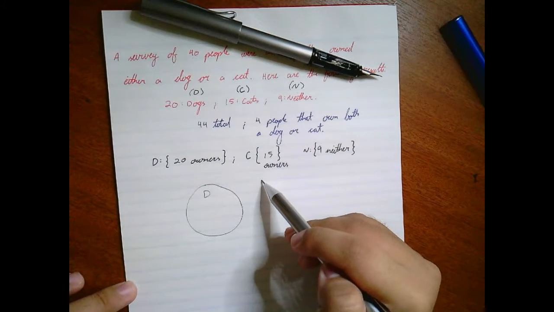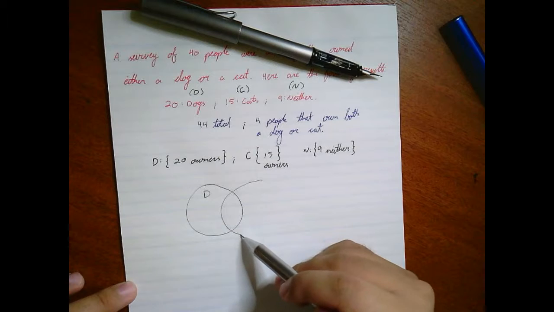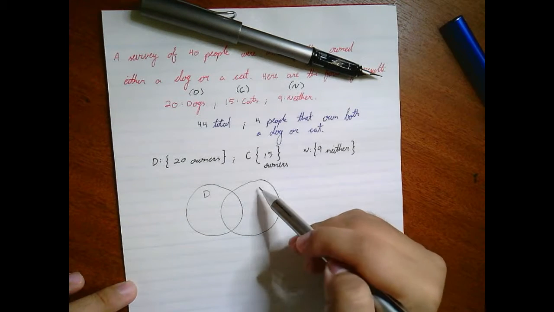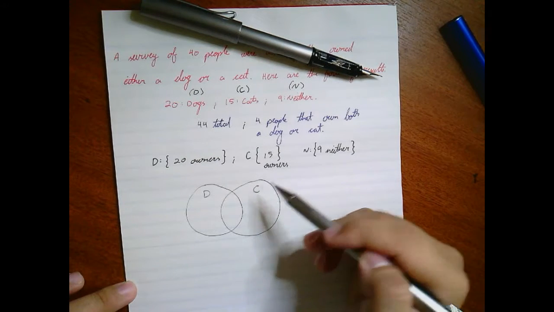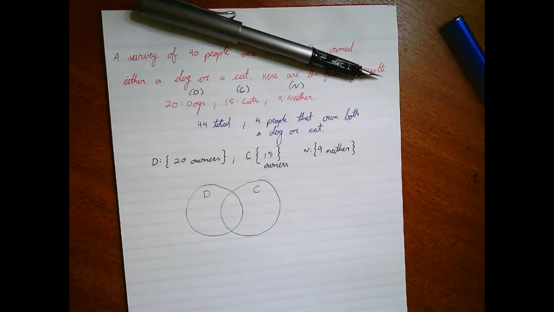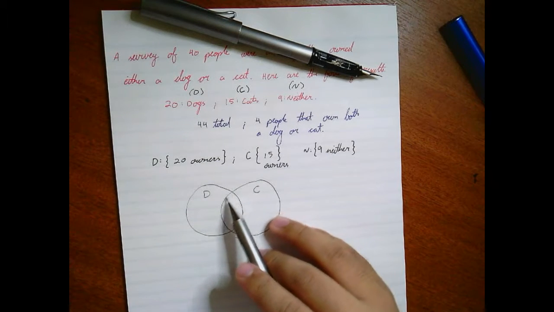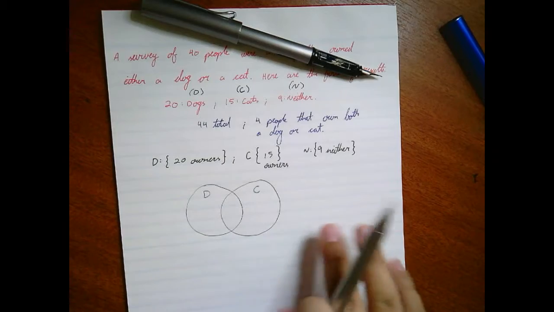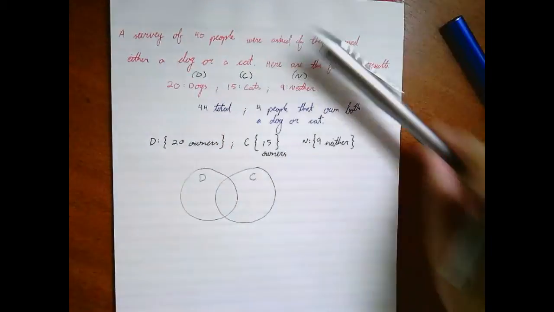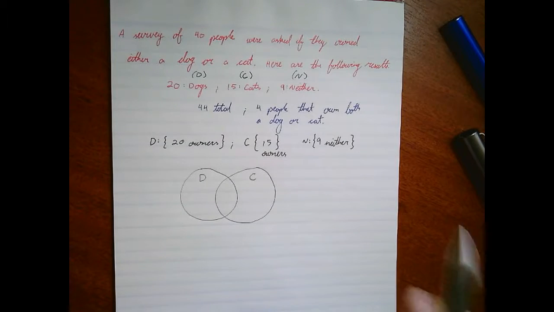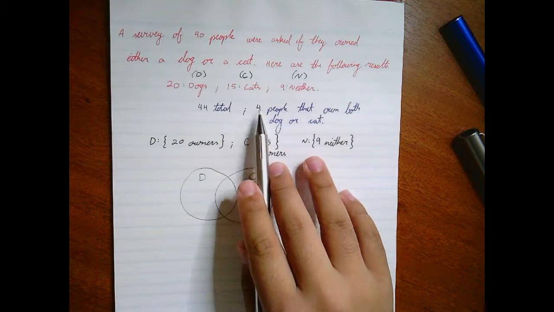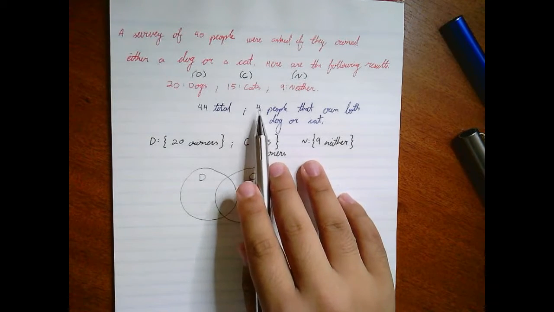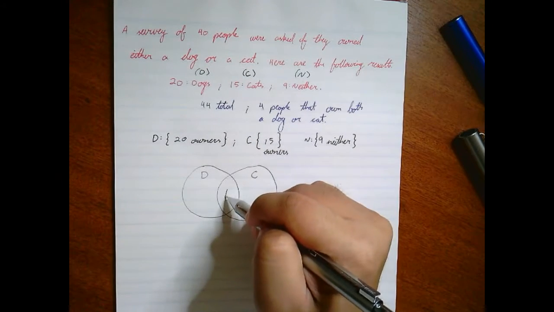And then here is another circle, and C for cat owners. Now as we can see there is this overlap, because there exists a group of people in here that own both, which we have already calculated, which is 4. There are 4 dog and cat owners. So I'm going to put a little 4 there.